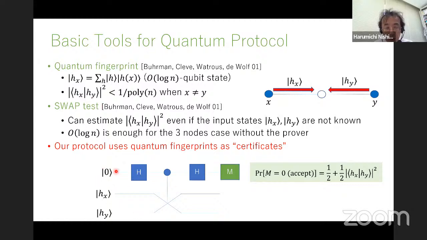So the swap test can check whether they are orthogonal or not with high probability. And also the message length is short. So this strategy is directly usable in the case of three nodes. Just the left end sends the fingerprint of its input, and also the right end, and the central node performs the swap test.